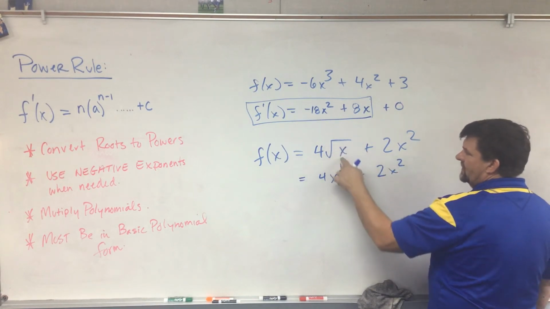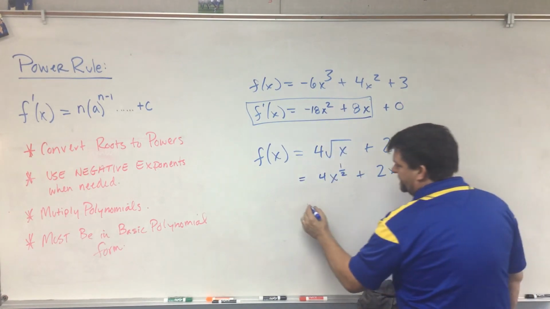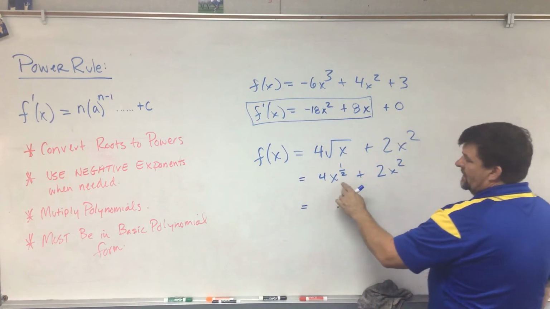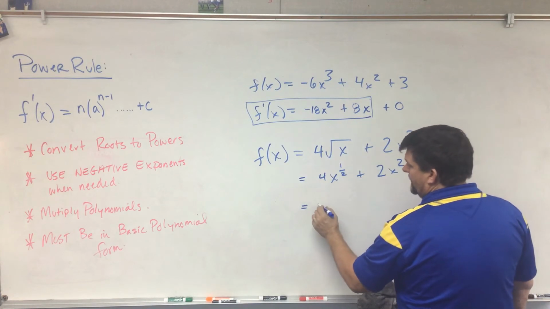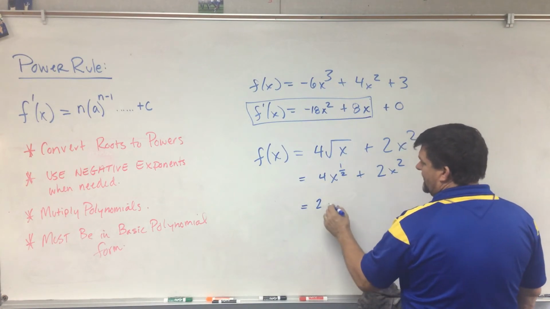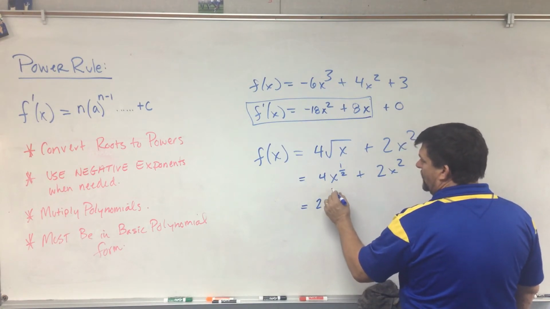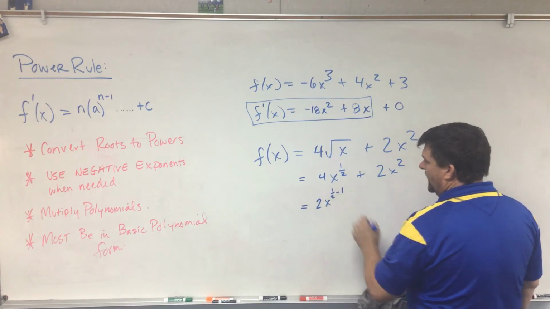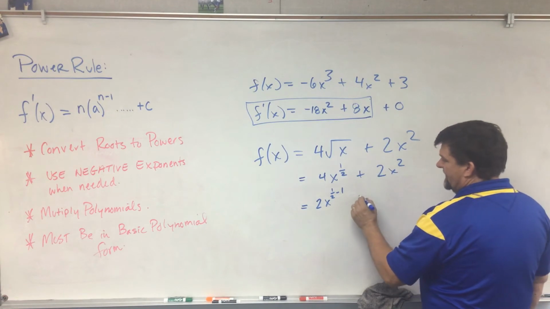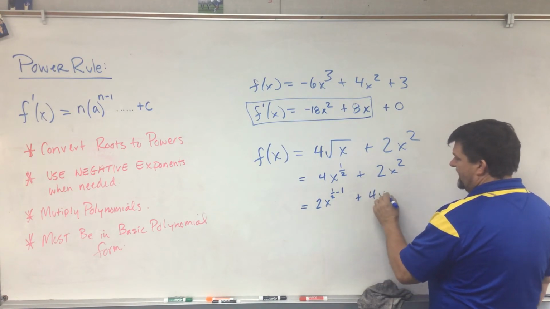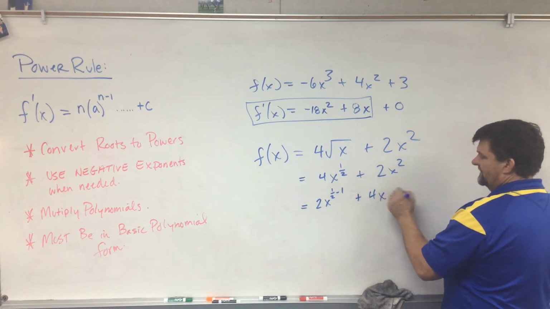So I converted the root to the 1/2. Now we do the same pattern. Exponent, 1/2 times 4, which is 2. Here's the trick. x to the 1/2 minus 1. So I'm going to go ahead and keep that right now. And this is going to be 4x to the first power.